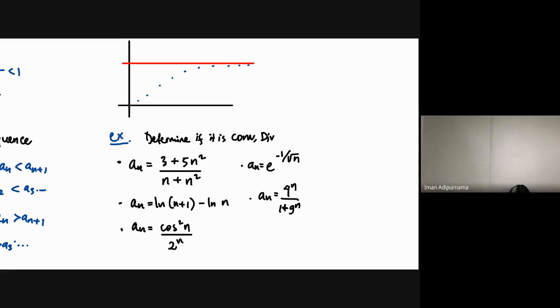So E with the power of the limit. If we plug in infinity up here, E will be 1, right? Okay, got it? And these two here, you need to do some algebra and simplify, and then basically do the same thing as the first one. Okay.